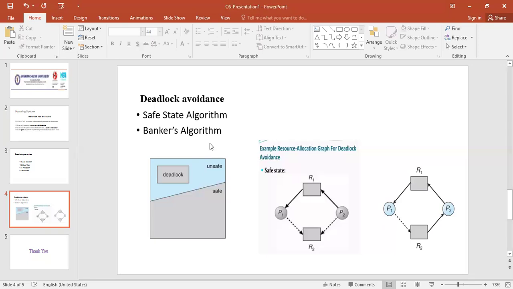Based on this flow, most of the time the system will not go to an unsafe state.